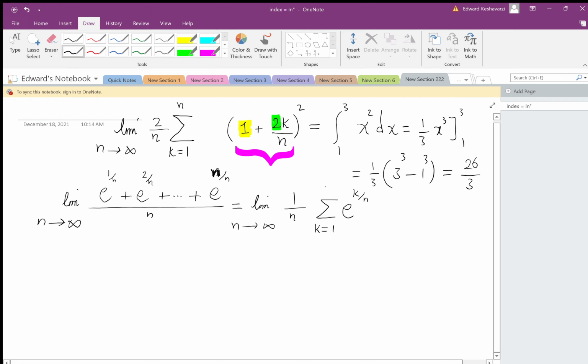So obviously a is 0, and this becomes integral from 0 to 1 e to the power of x dx. Integral of e to the x is itself, and once you apply the limits of the integral, it's going to be e minus 1.